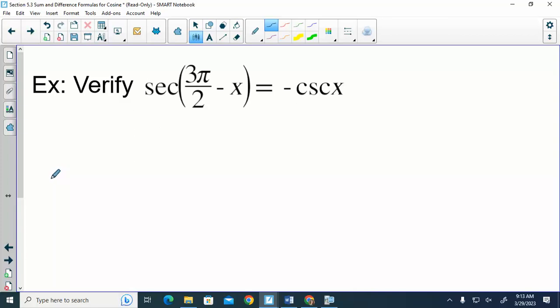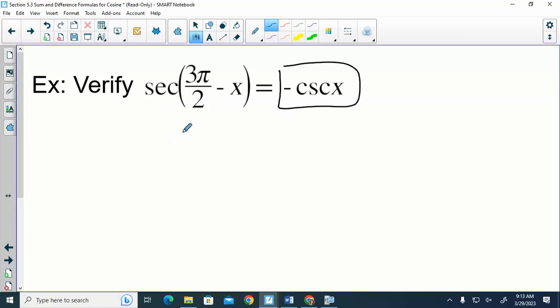Another proof. Which side would you box in? Do we have a formula for secant of a minus b?